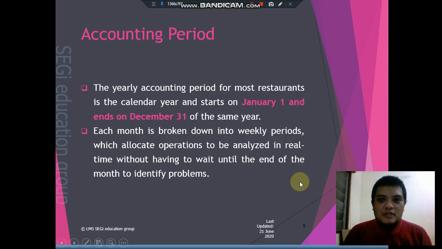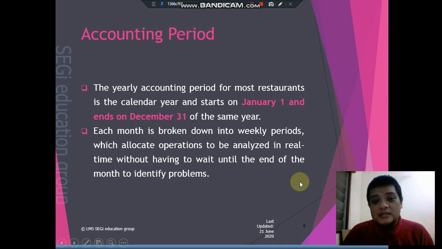Next is accounting period. This one is one general knowledge that you as the restaurant manager should know. So the generally accepted and most popular method of recording the accounts is you use the accounting period starting from January 1st, and you end the records of accounting on December 31st of the same year.